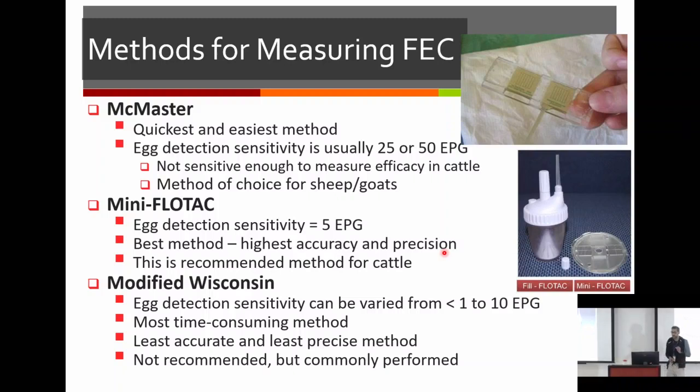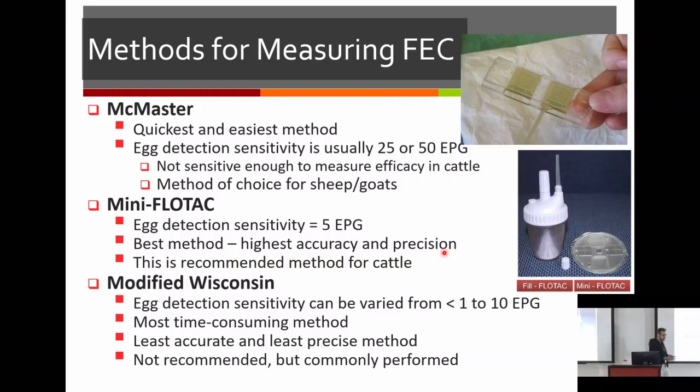This method is used to look into sheep and goat feces. The detection sensitivity is 25 to 50 eggs per gram of feces, and normally you will see high numbers of egg counts in the case of sheep. That's why the sensitivity is good enough for sheep and goat.